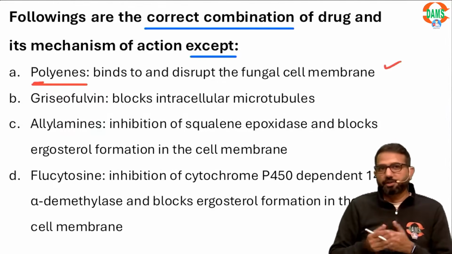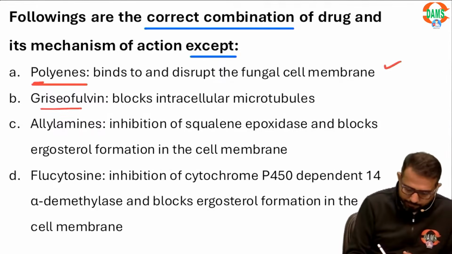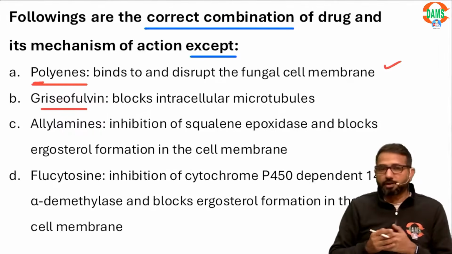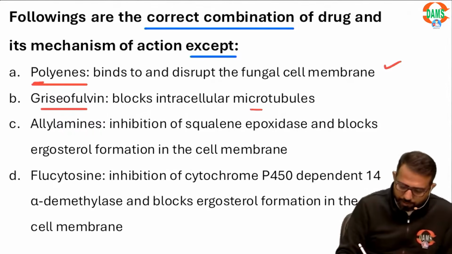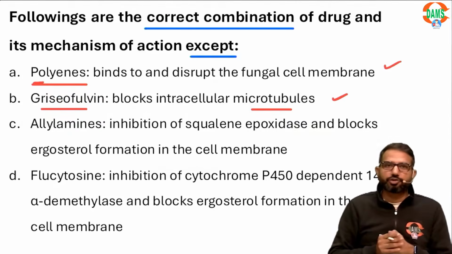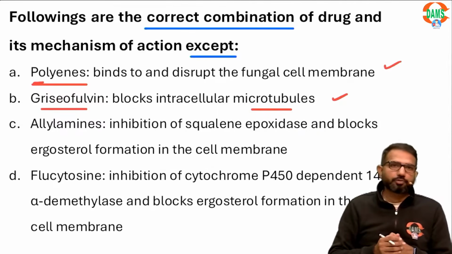Okay, let's see option B. Griseofulvin blocks intracellular microtubules. Yes, they are microtubule inhibitors, M phase inhibitors. So that is true. Griseofulvin is one of the M phase inhibitors, microtubules like colchicine.